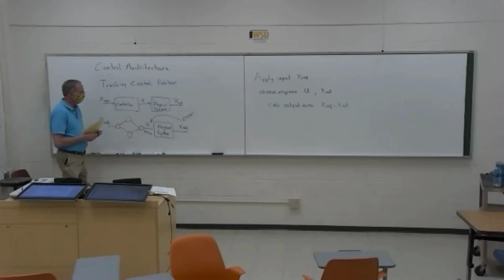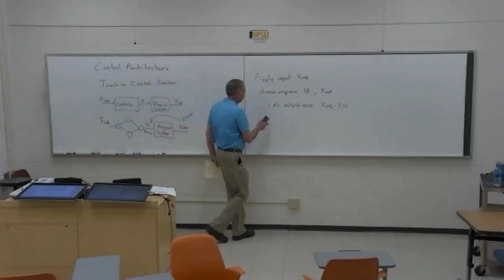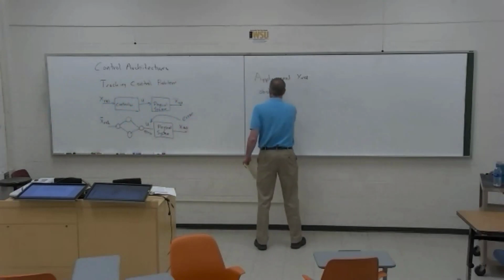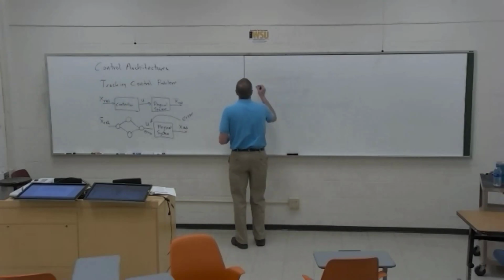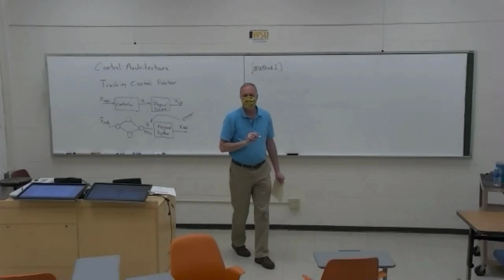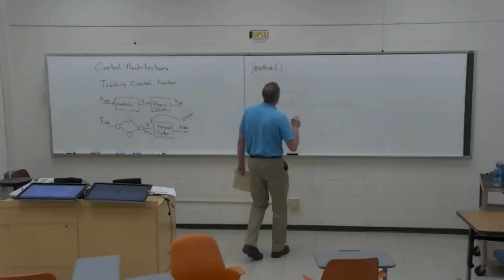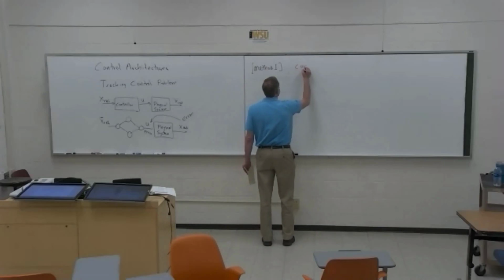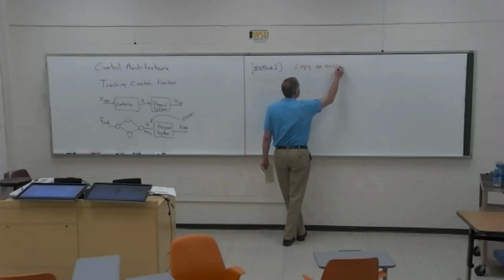But first, let's start out even simpler than that. So the first architecture, the first method, is a method that I do not recommend you use in any of your classes at Wichita State. And the reason for that is this is copy an existing controller.